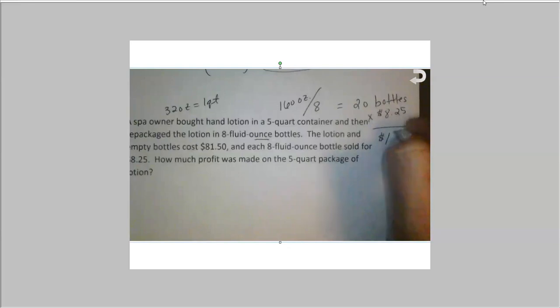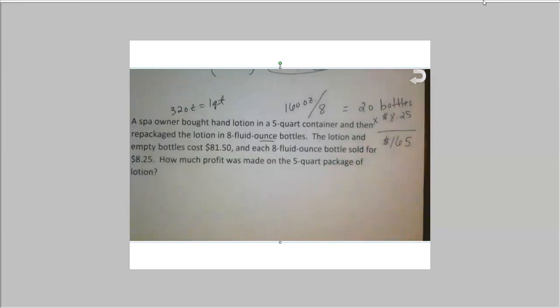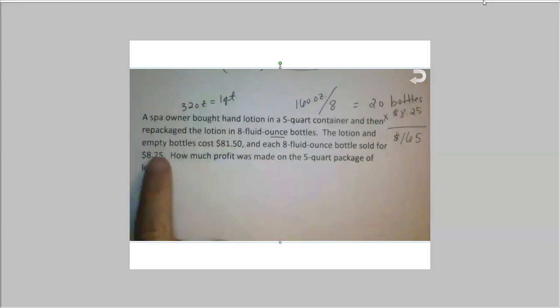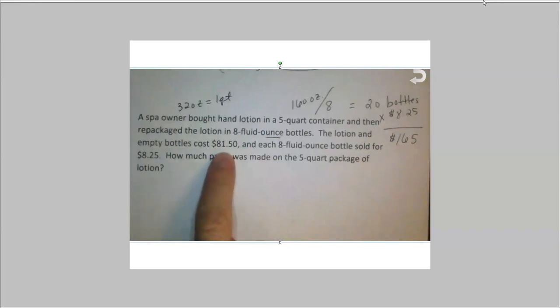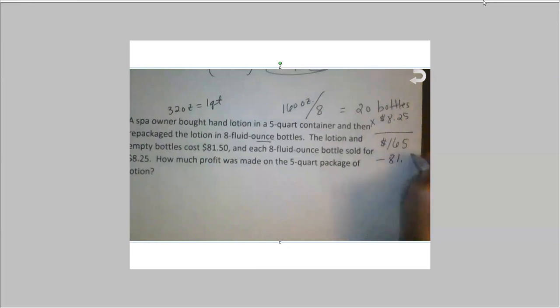So that's $165. Okay. But we all know that's not my profit because we have to subtract the expenses that are on the front end. The lotion and the empty bottles cost me something first, $81.50. And so if I subtract that, whatever's left over is going to be my profit and the answer to this question. That will be $83.50.